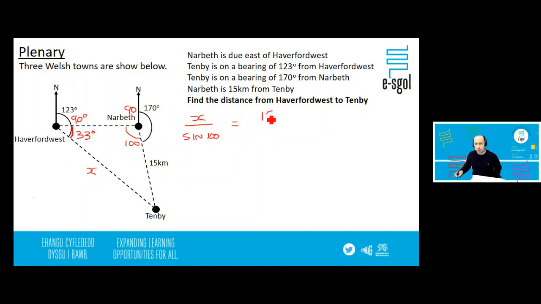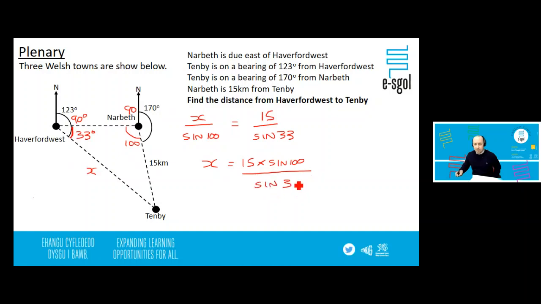So 15 goes on top, divided by the sine of 33, which is the angle opposite the side that's been given as 15. Now I'm trying to find X, so I move that sine of 100 up. So X equals 15 multiplied by the sine of 100, all divided by the sine of 33.